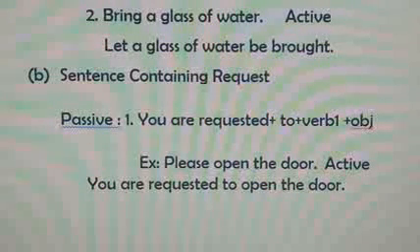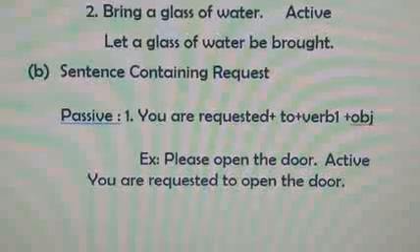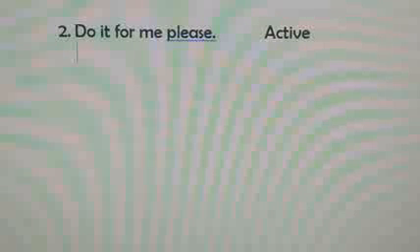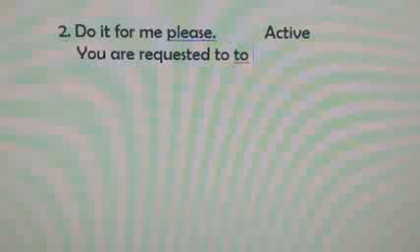This sentence is in active group, and what we need to do? We need to convert it into passive. Okay. Now, the passive will be: you are requested to do it for me.